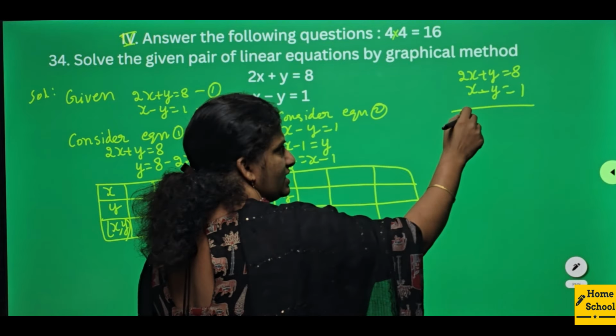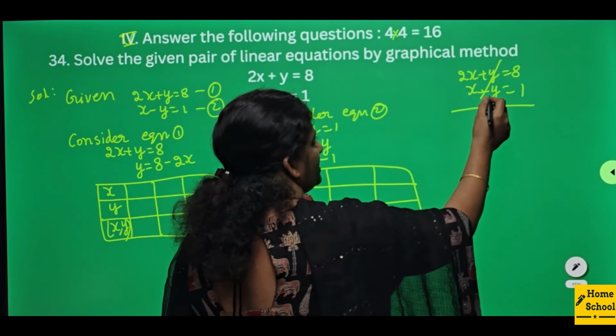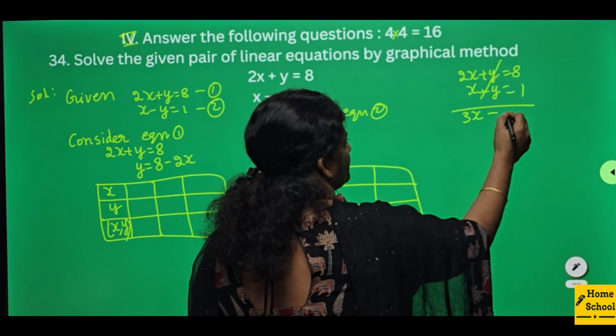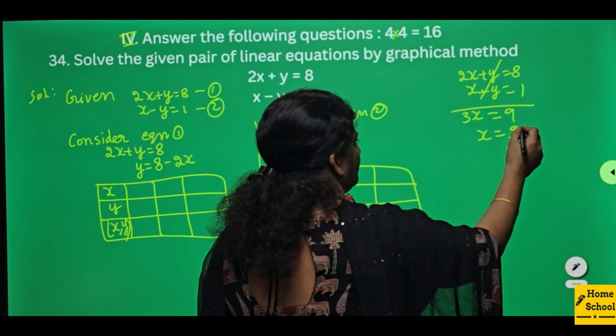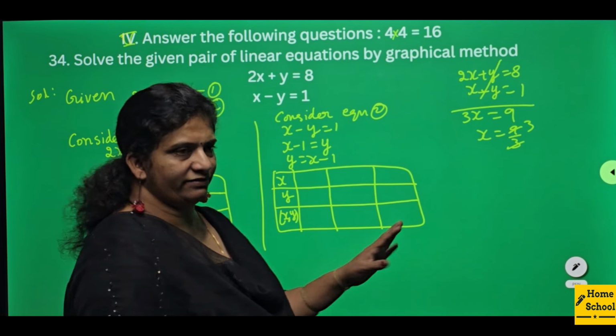See, both the terms are the same with a different sign. Directly add the two equations. Plus y minus y cancel. 2x plus x will be 3x. 8 plus 1 will be 9. x is equal to 9 by 3. 3 3s are 9. Yes, only the x coordinate is enough.